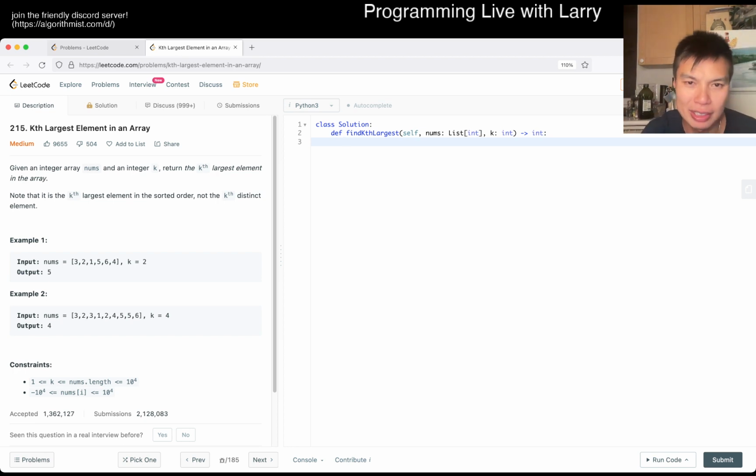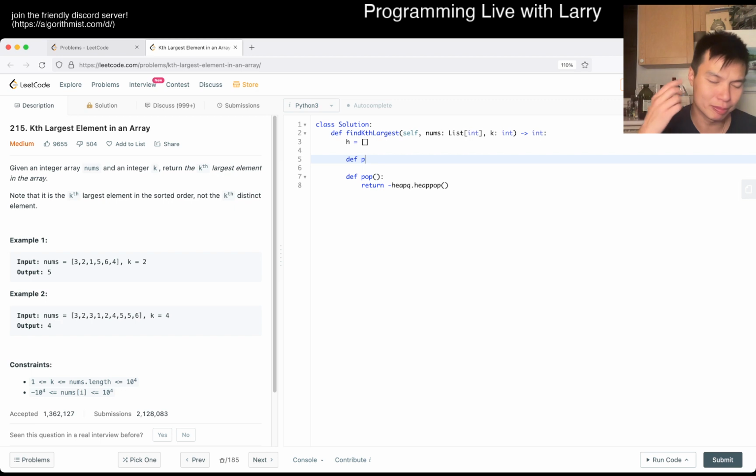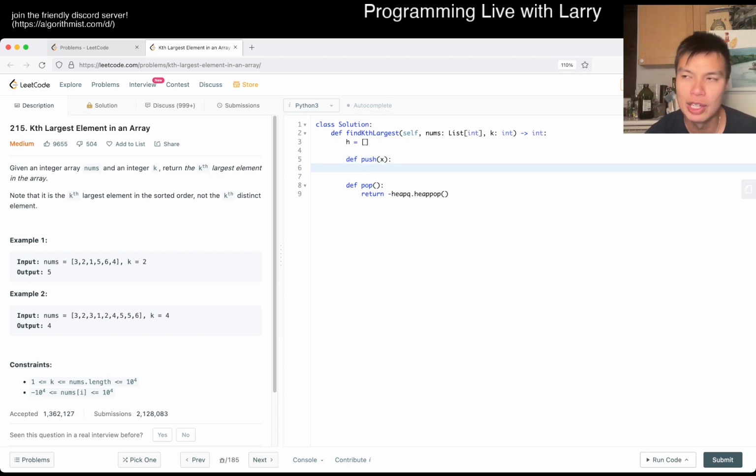So let's get started. We go to a heap. We want a max heap, as we said, and we get a min heap here. So let's write some helpers. One thing I would say is that maybe this isn't a good thing, but in other languages you can overload the sorting or comparison function.